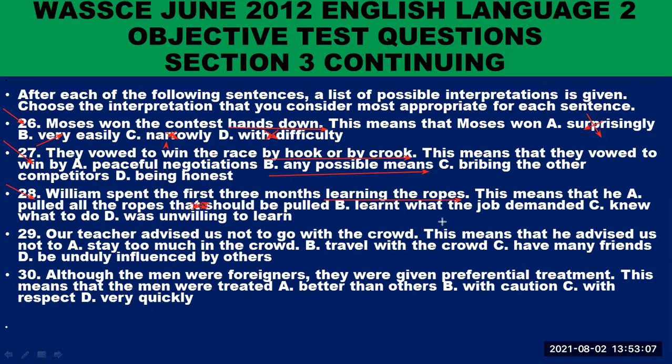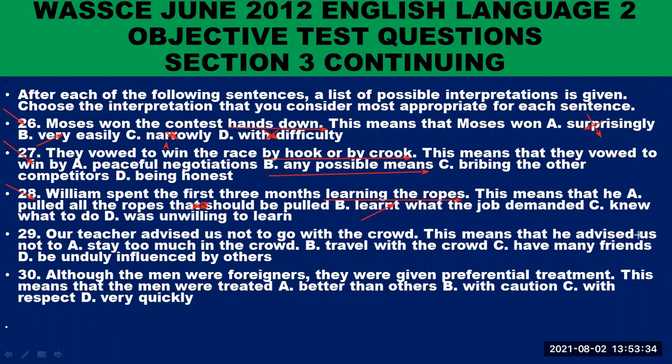This is the appropriate interpretation because when you learn the ropes, you are learning how to do a particular task. You learn the rope. That even gives you the image of a task involving the use of ropes, and you are trying to learn how to use the ropes, how to tie it, what to do. That is the obvious meaning it conveys.